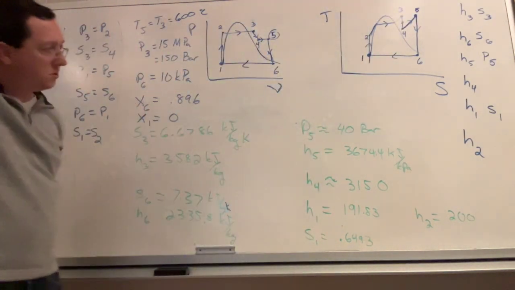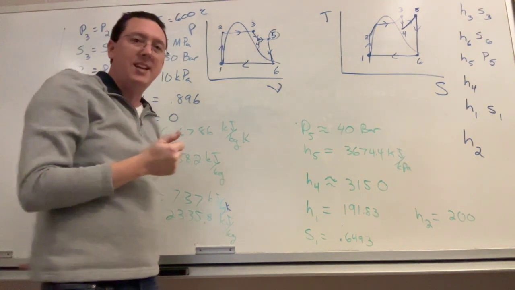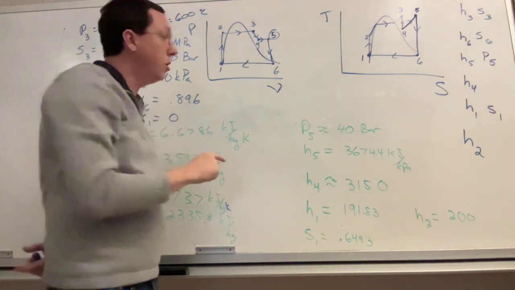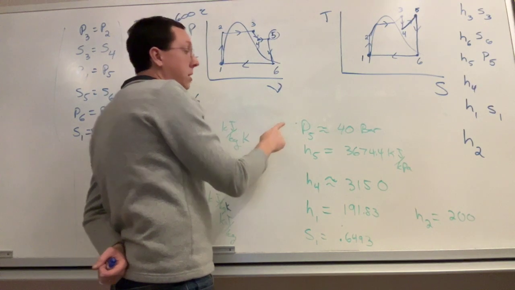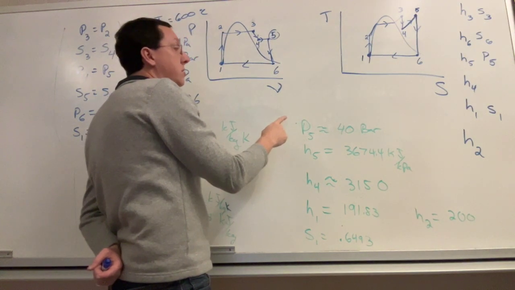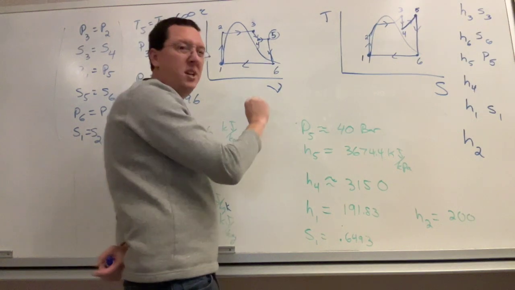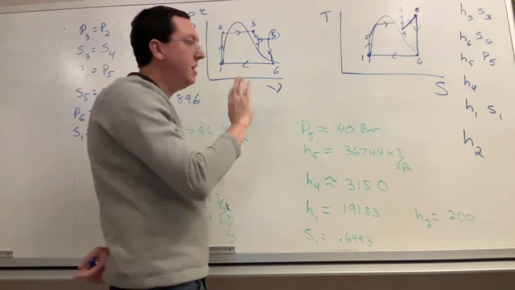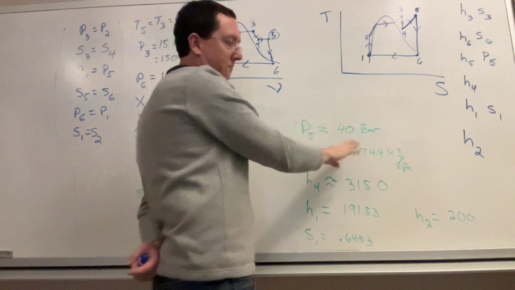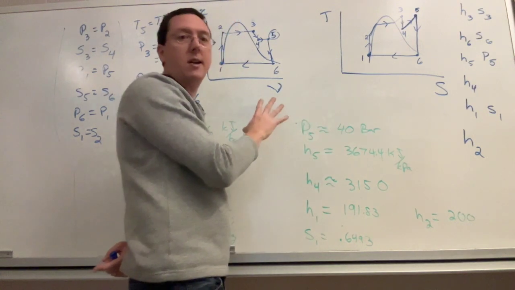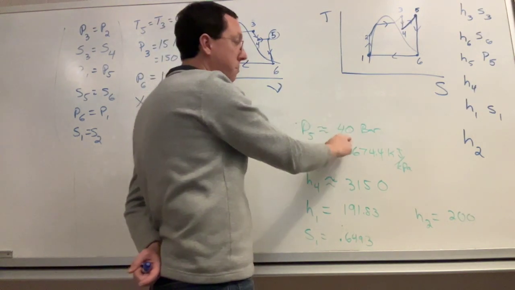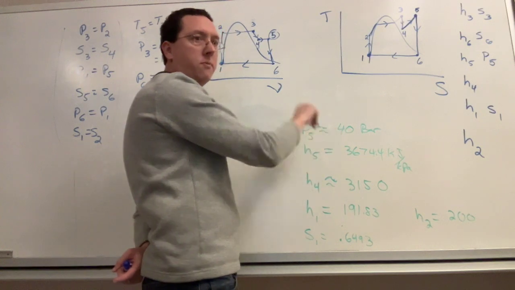Looking at your tables, it's not exactly, but it's really close to 600 degrees Celsius and a pressure of 40 bar. It's really close, looking at the entropy numbers, and so it's certainly within the limits of the accuracy of our calculation. You can just take it to be 40 bar, which is the answer to question A.